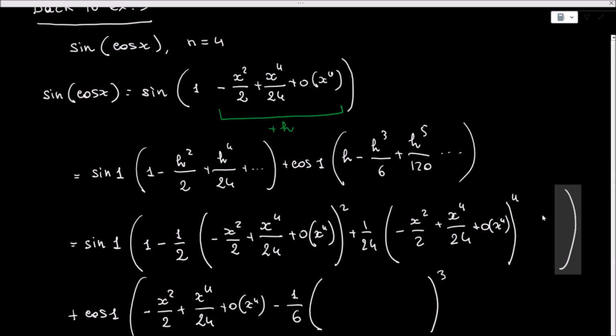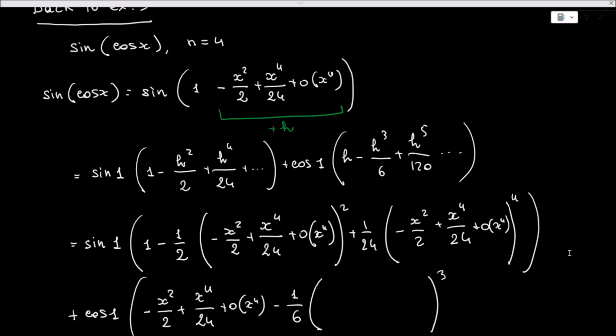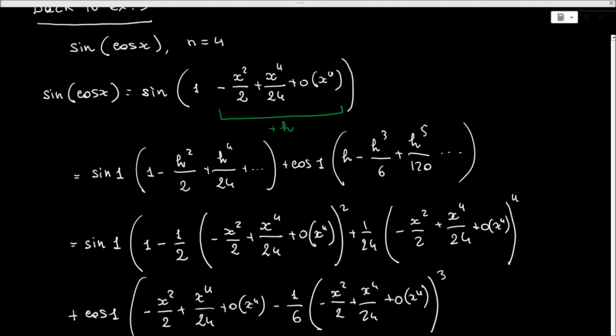Okay, now I need to replace h in this expression, and once again we have minus x squared divided by 2 plus x to the 4 divided by 24 plus little o of x to the 4th, and of course there would be additional terms also here. Clearly there would be additional terms that we wouldn't consider, and here also additional terms that we won't consider.